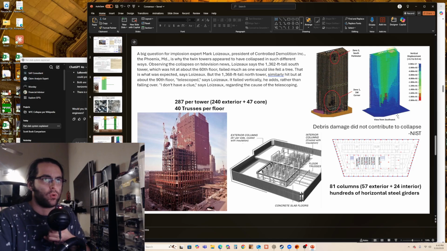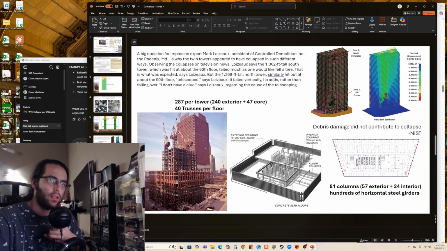World Trade Center 7 had 81 columns, 57 exterior and 24 interior. And instead of floor trusses, they're all connected by a complex web of steel girders. Lots of steel girders. Okay, so this is setting up the question.